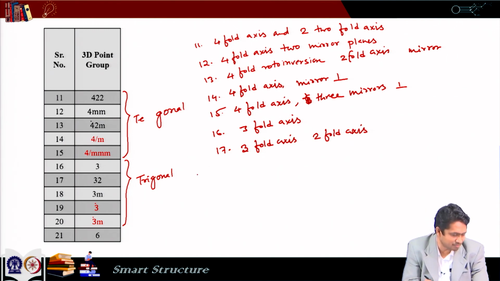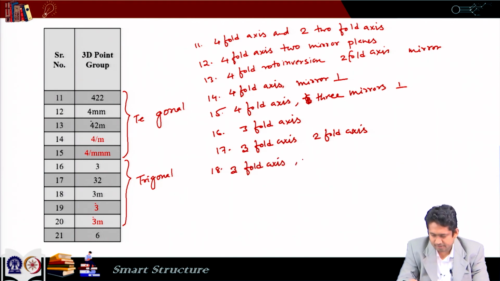For 18 we have a 3-fold rotation axis and a parallel mirror plane.